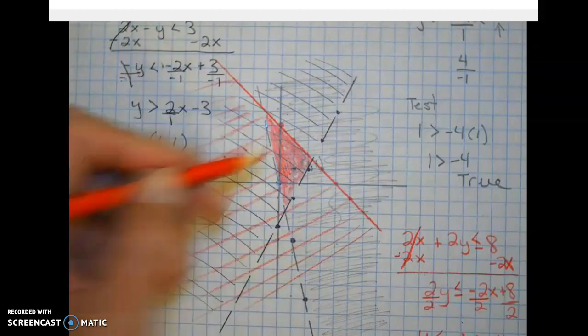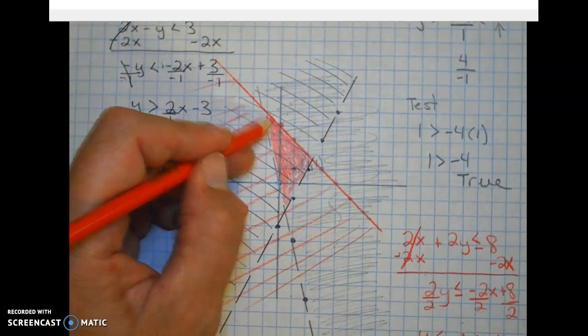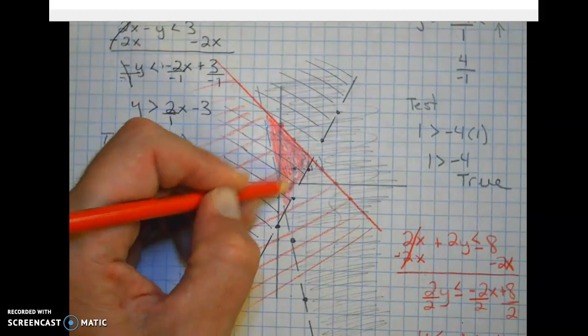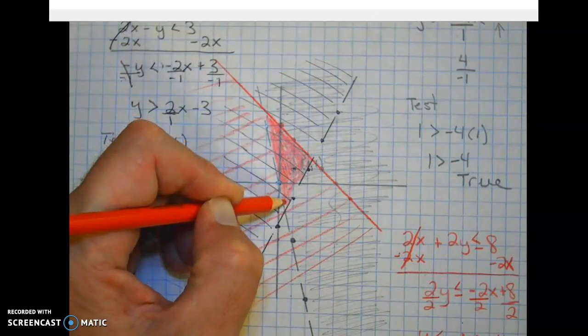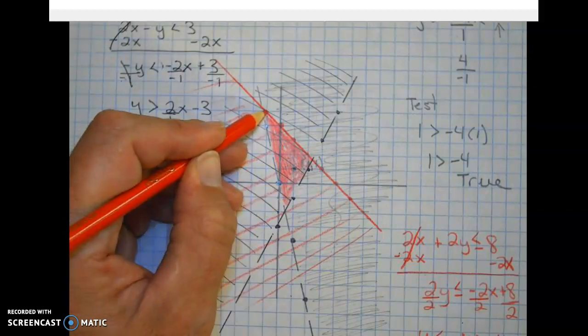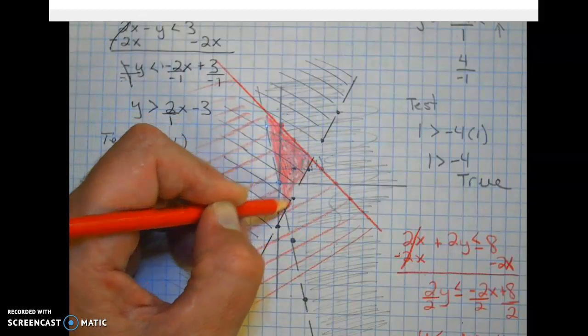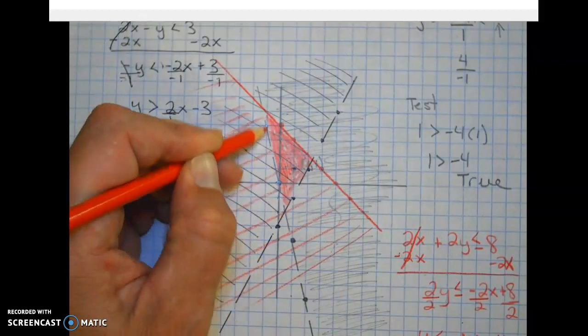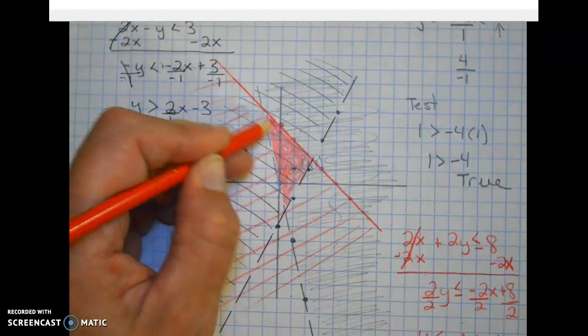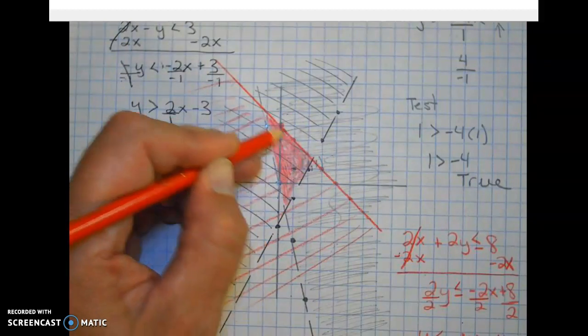So remember that the solution is going to be this triple shaded region. It's also going to be the solid border, but not the dashed border. Any point inside of here and on the solid line.